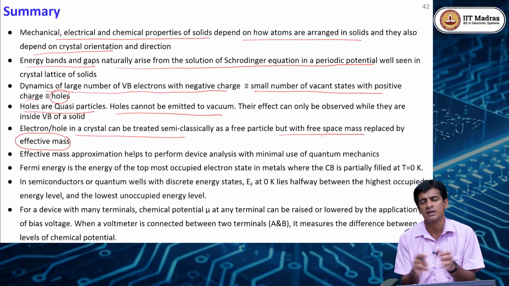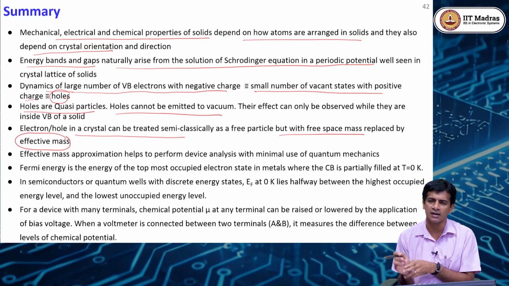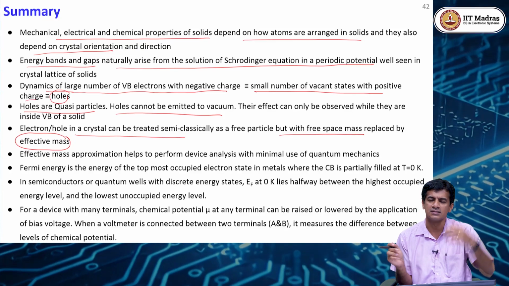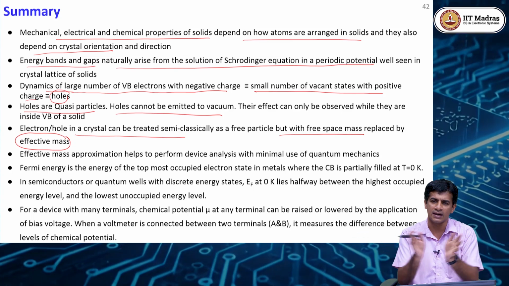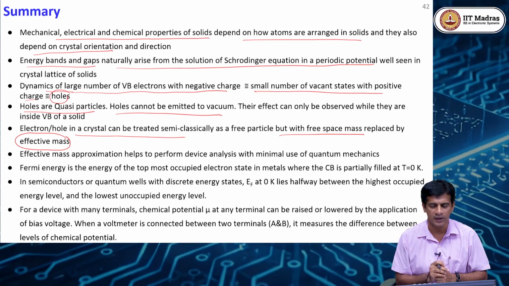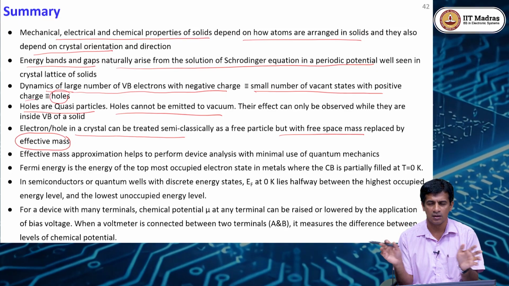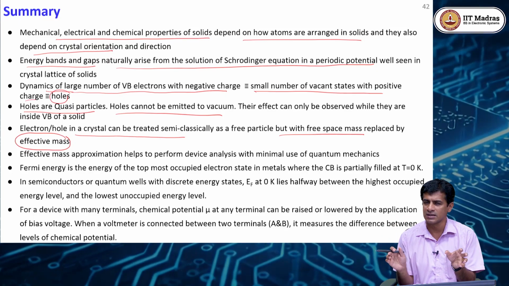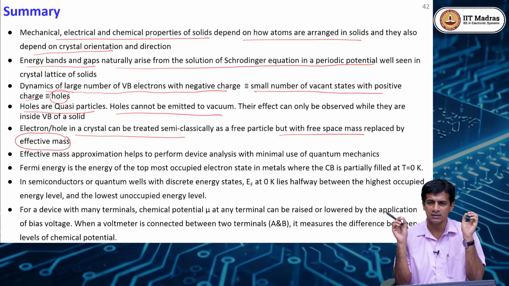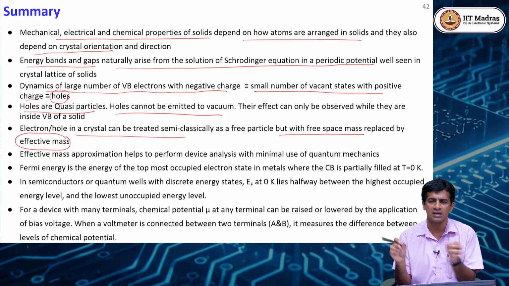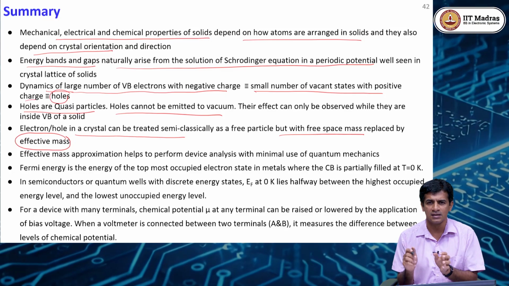This effective mass could be different from one material to another. It could be different at higher energies. It could depend upon the direction in which the carrier is moving. But it will simplify your equations a lot, right? But keep in mind, this is an approximation. So this is a good approximation which we are taking in engineering.